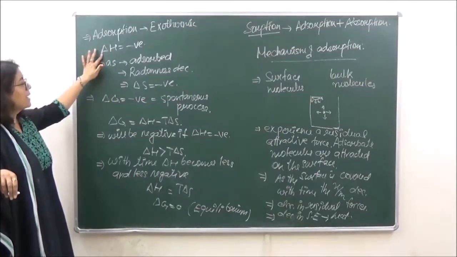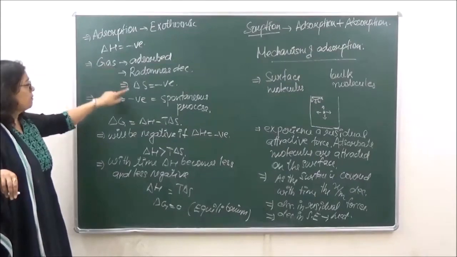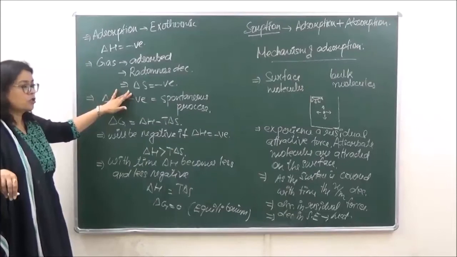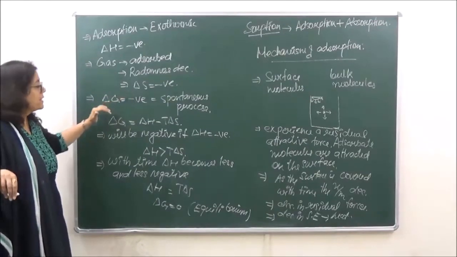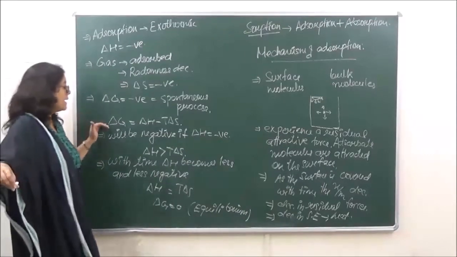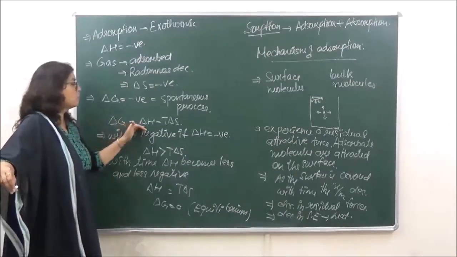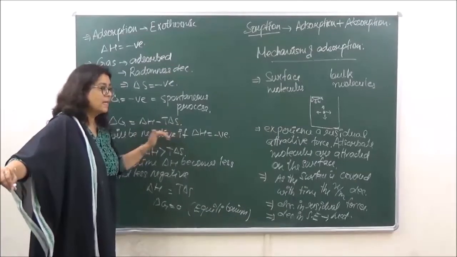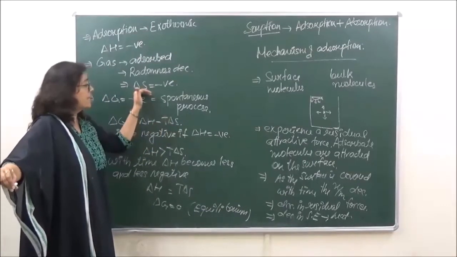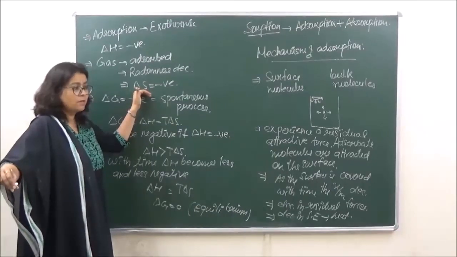Okay? Now if delta H is negative, and we say that when the gases are getting adsorbed, delta S is also negative. Right? The reaction can only be spontaneous if delta G is negative, and it is given by delta G is equal to delta H minus T delta S. Now the value of delta H is negative over here, but the value of delta S at the same time is also negative.